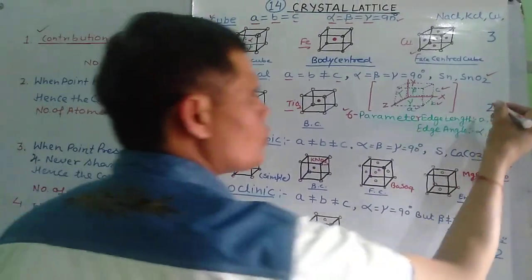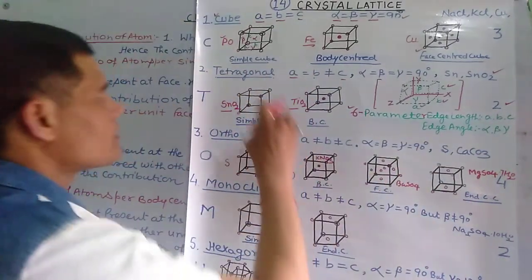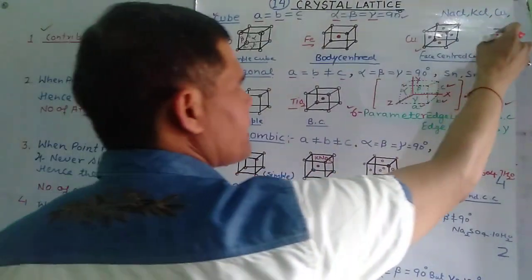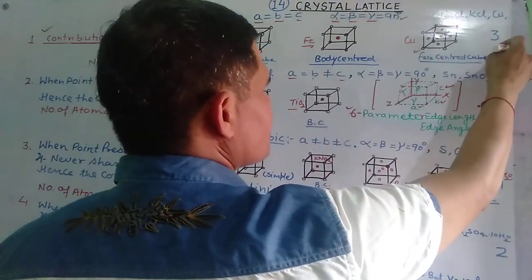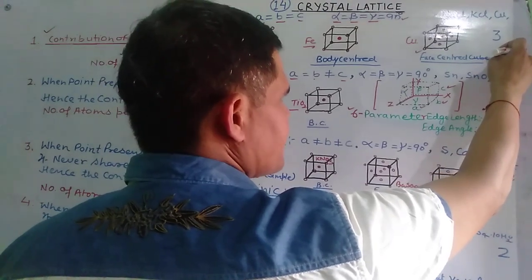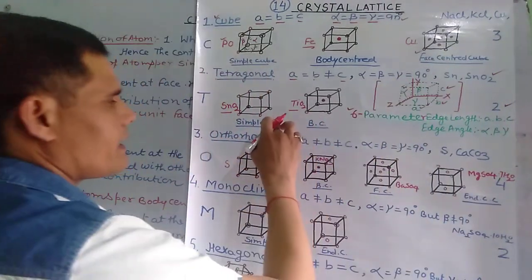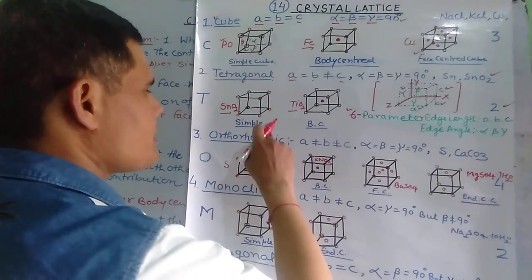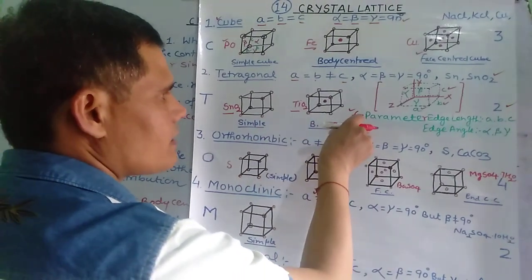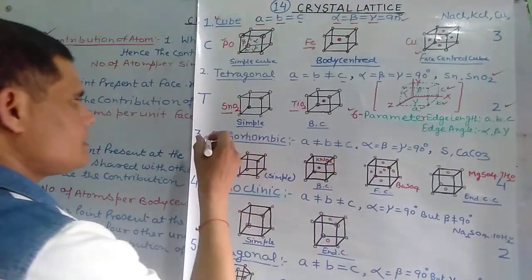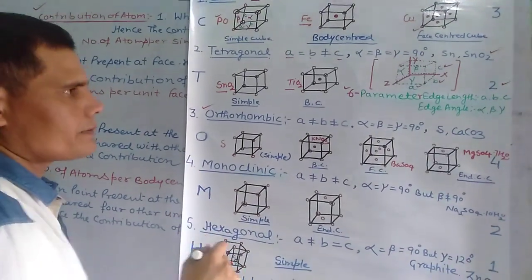These are 2. We know that cube is 3 types: simple, body, and face centered. Tetragonal is simple and body centered. Another is orthorhombic.